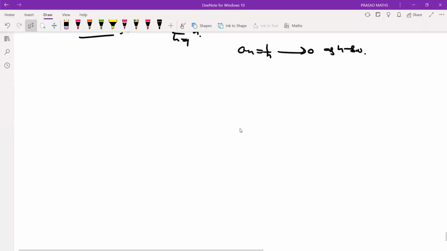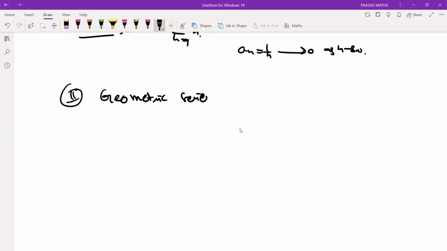Second is the geometric argument. You know the geometric series. What do I mean by geometric series? Suppose you are given a question: summation n equals 1 to infinity, or n equals 0 to infinity, r power n, where r is non-negative.